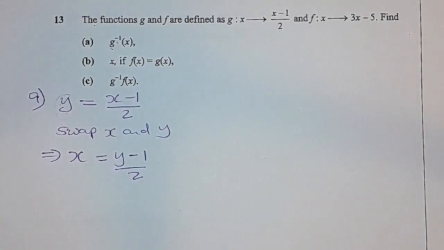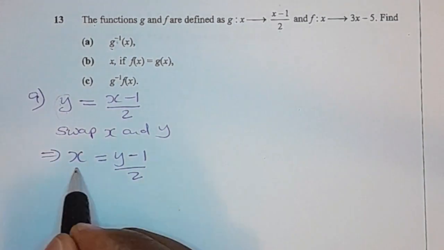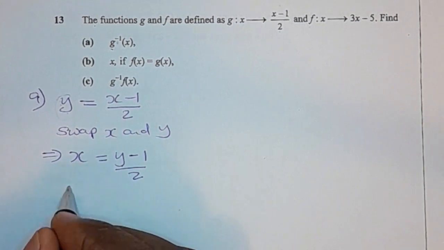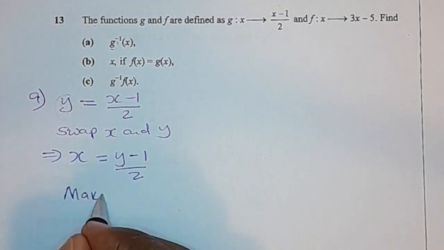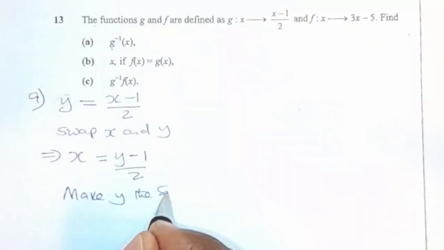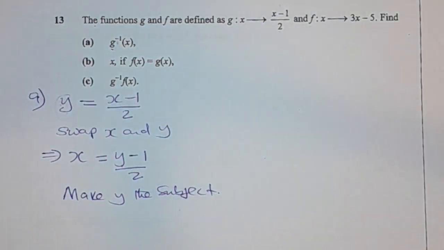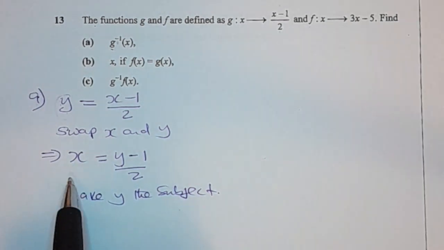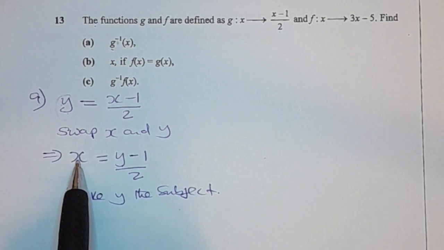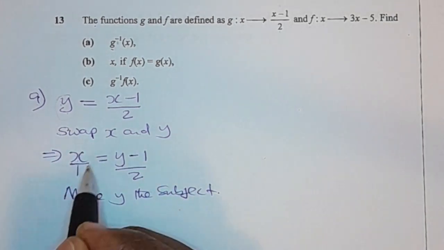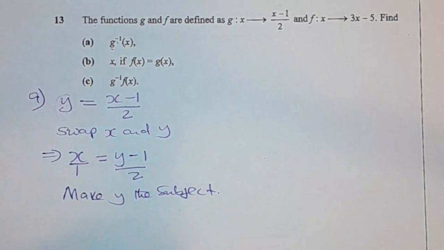Okay. Next, aim at making y the subject of the formula. When you look at the left-hand side of this equation, you have x, and x can be written as x over 1, so that you have fractions on both sides.